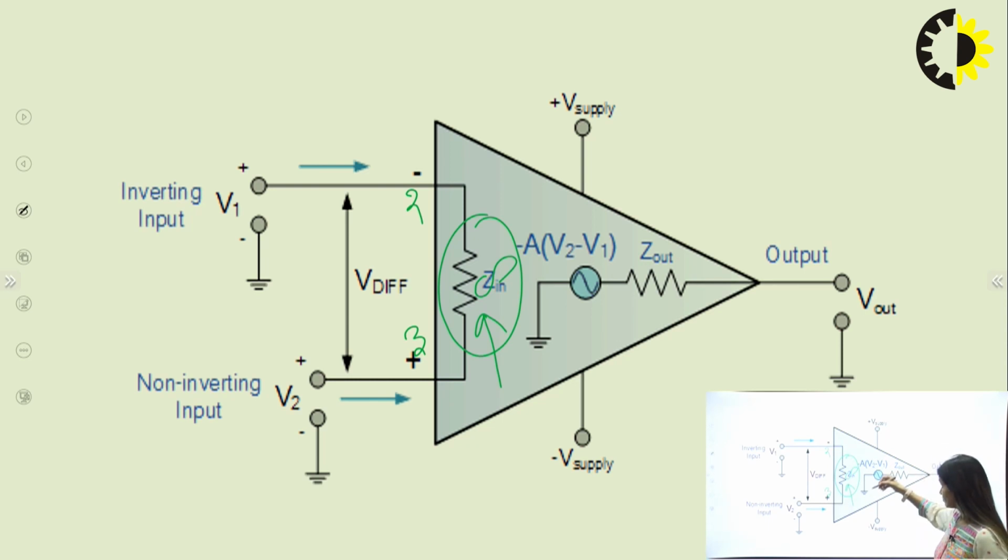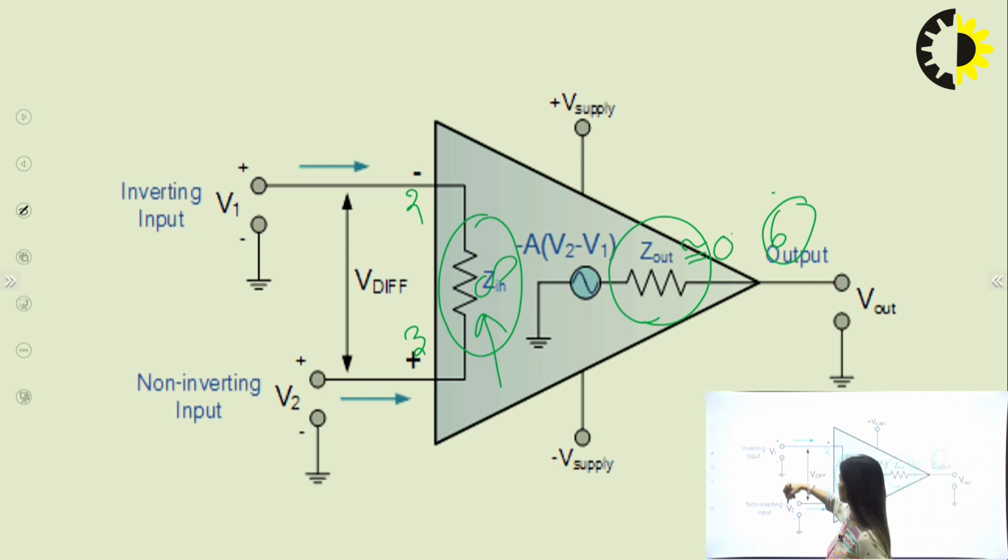At pin number 6 from the OPAMP IC we are taking the output, and this Z out is 0. The output impedance is very low for the ideal OPAMP, and that is 0, right? The gain of the OPAMP will be V out upon V in. V in is of course V2 minus V1. So this is the equivalent circuit of the OPAMP.